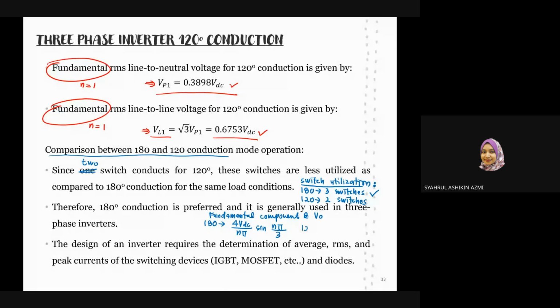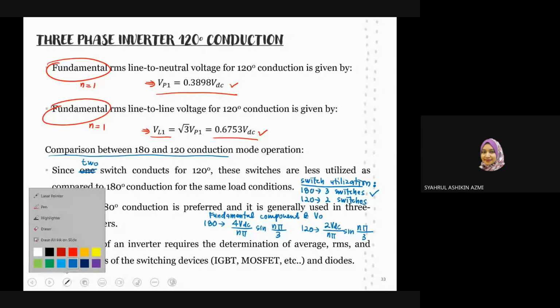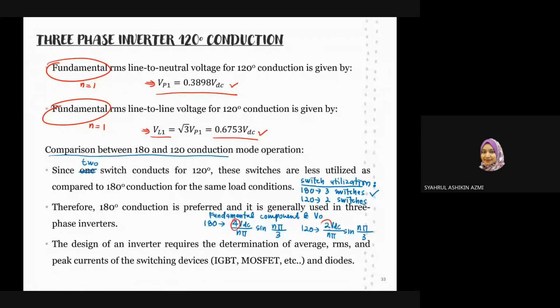For 120, the equation that we use is 2 VDC over n pi sine n pi over 3. From here you can see this is 4, this is 2. Obviously, the equation before will lead you to a higher fundamental, a higher amplitude. So in terms of fundamental, 180 is more preferred because the fundamental value is higher as compared to 120. So that is the comparison between the 180 and 120 conduction.